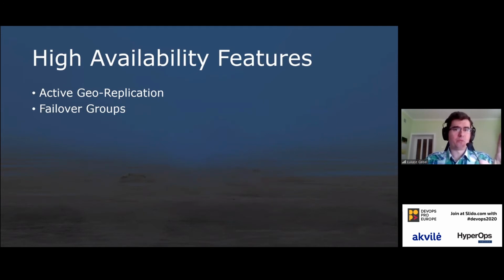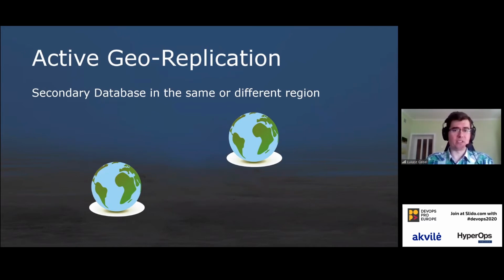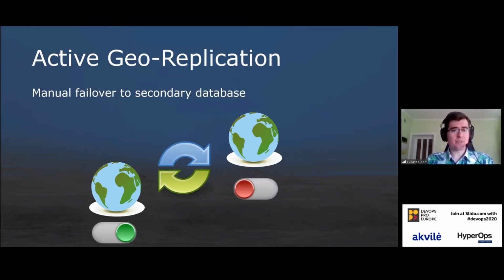But what about different HA features? We were interested in two of them, active geo-replication and failover groups. Active geo-replication simply gives you a primary database in a region of your choice and a secondary database in the same region or in a different one. Then you also get asynchronous data replication and something called failover, but it's a manual failover to the secondary database.